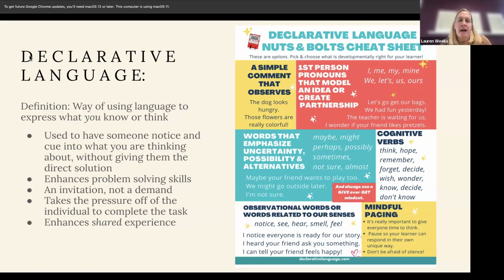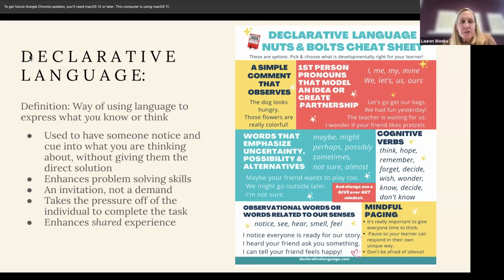There's a great book by a colleague of mine, Linda Murphy, who wrote an incredible book on declarative language. Her and I trained in the same place, and declarative language is a tenet of what we trained in years and years ago. I recently saw her at a conference on how to work with kids with a demand avoidant profile.